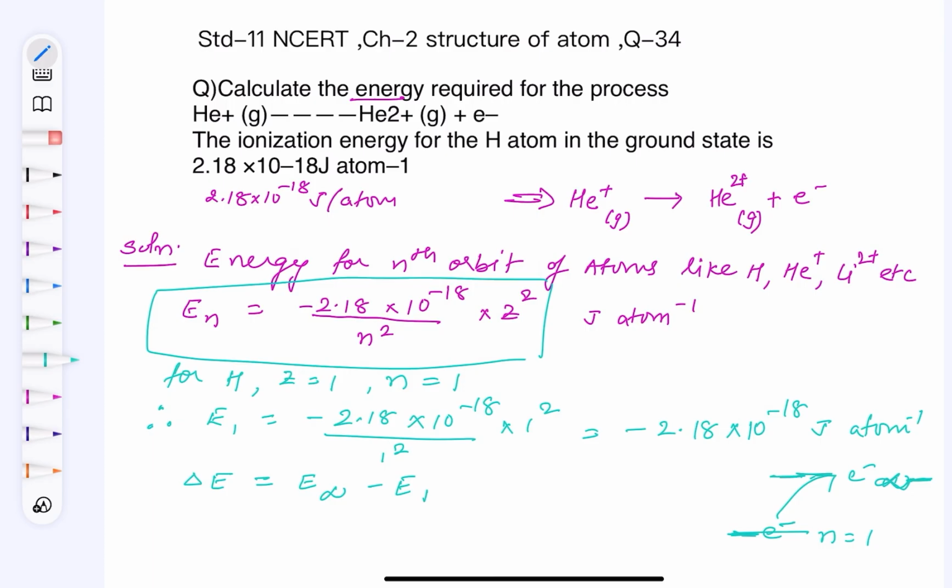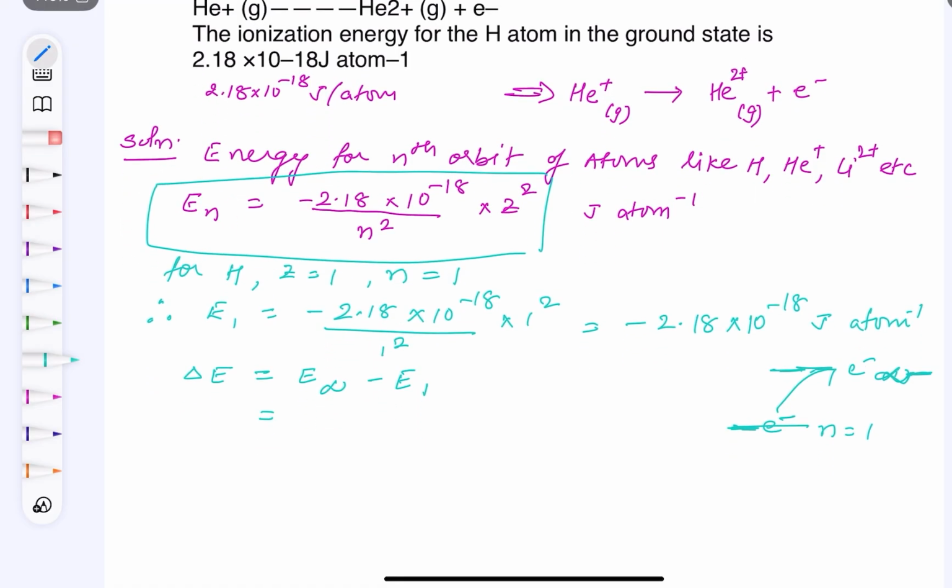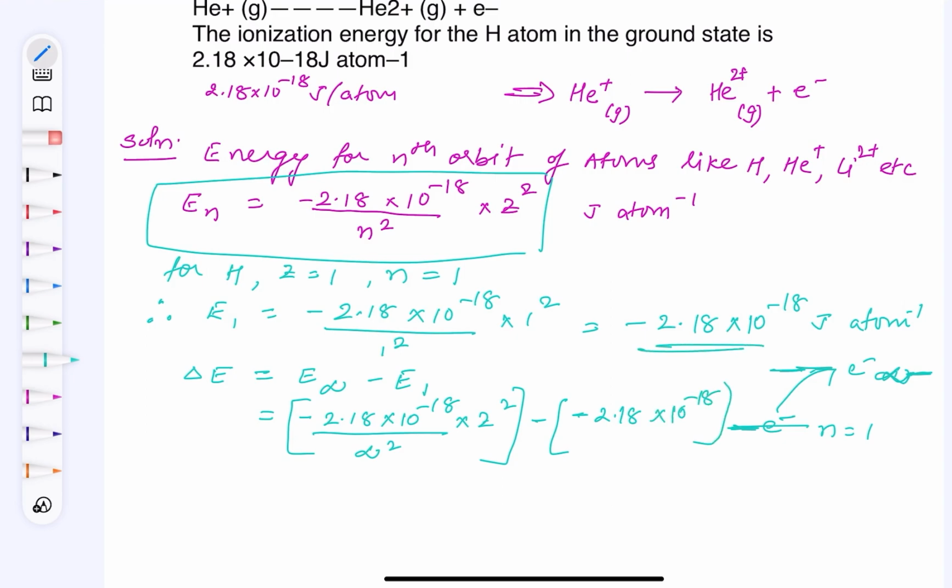Fine. So if you put the value into the energy formula for E infinity, you will have minus 2.18 into 10 to the power of minus 18 divided by infinity square into Z square, minus the energy E1 which we have just found, minus 2.18 into 10 to the power of minus 18. Something divided by infinity square will give you 0.